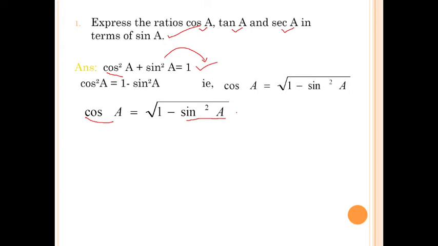Now the next one, tan A. Tan A is equal to sin A by cos A. That is sin A by root 1 minus sin square A. Why are we using that? Let this be equation 1.